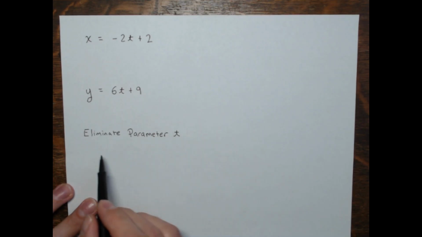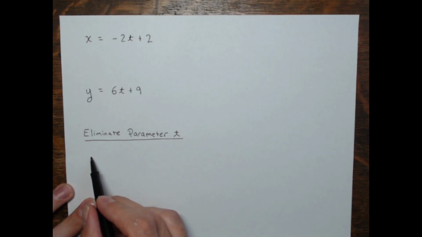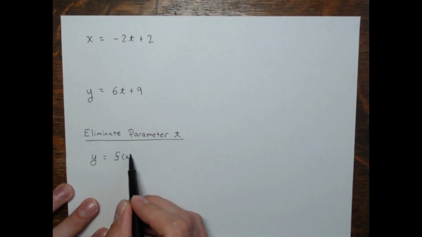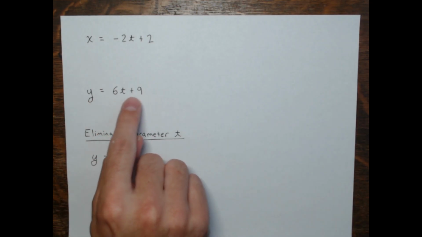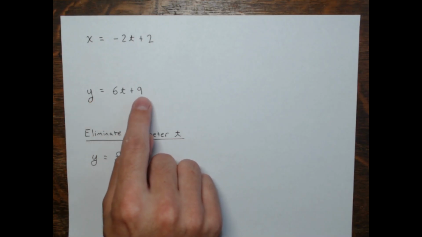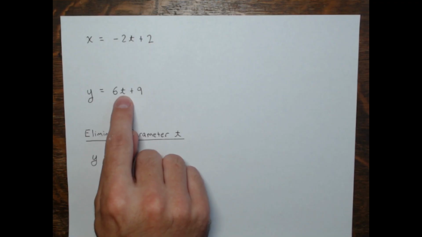But we're eliminating t, and they want the rectangular equation for the curve in this form, y equals some function of x, say f of x. So if that's the way they want it, I'm going to leave my second equation where it's already y equals, but it's a function of t. I'm going to replace t with an expression involving just x.